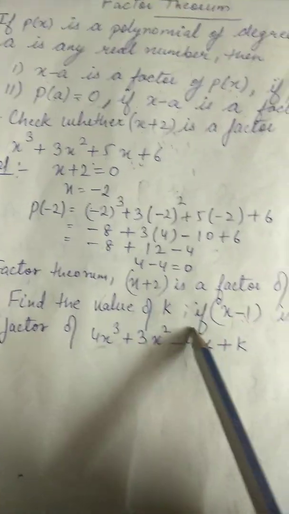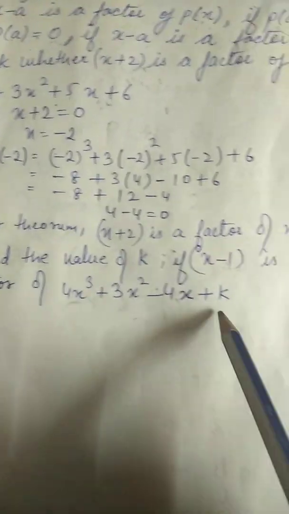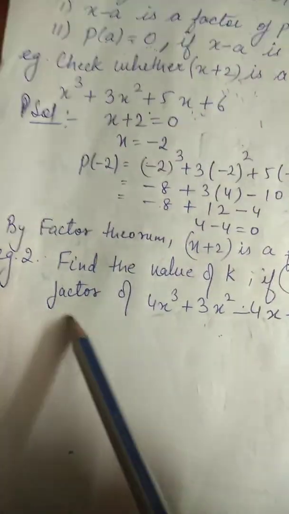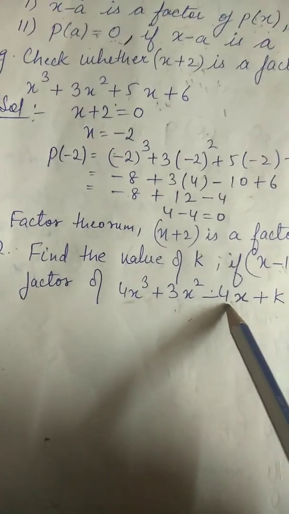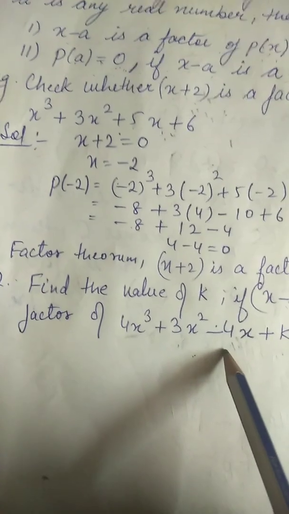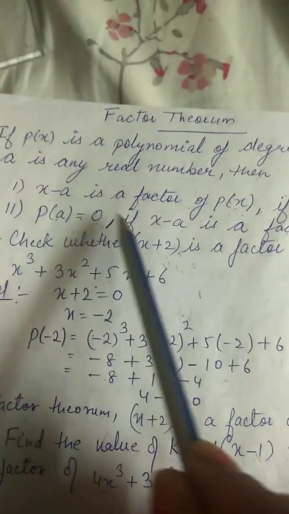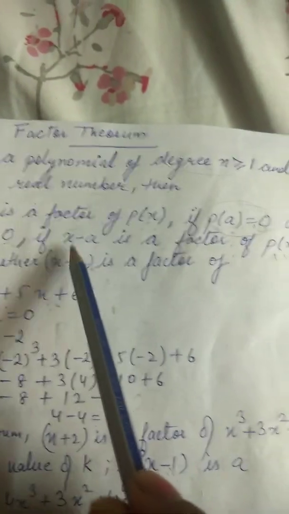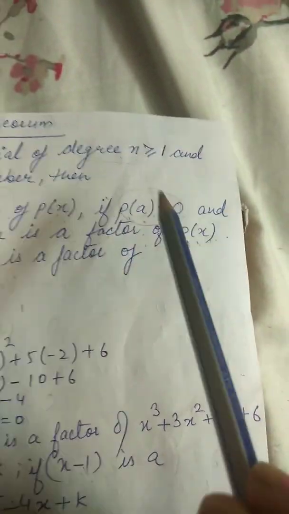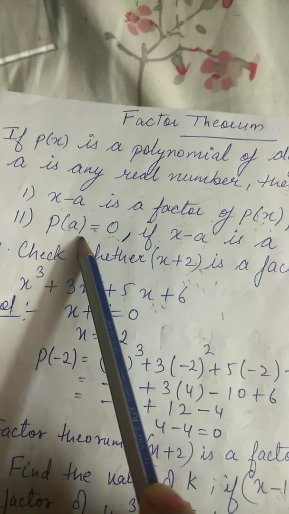Now I am taking another example. Find the value of k if x minus a is a factor of this polynomial. Now it is already given that x minus a is a factor. That means which part will we use? Second part, because here it is given that if x minus a is a factor, then P of a is 0.